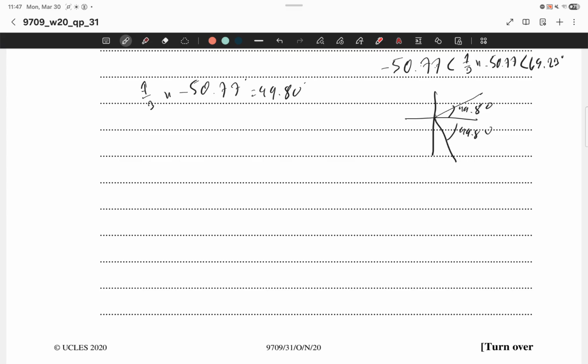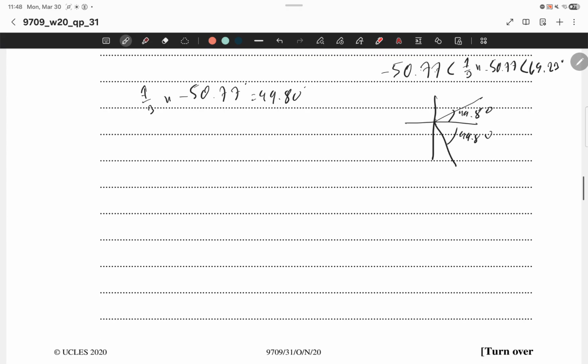So ultimately 1/3 x will be 49.80 plus 50.77, 100.57. We already figured it out, right? We do that, we get 301.7.